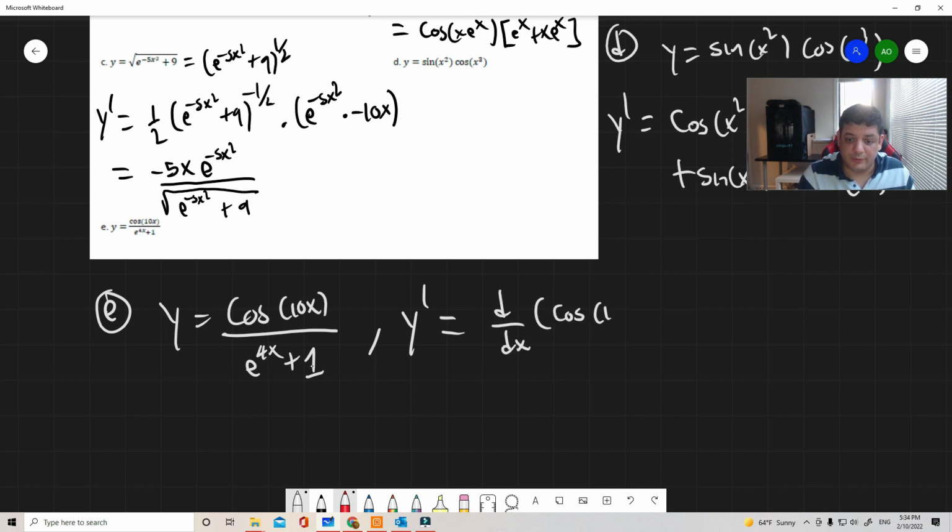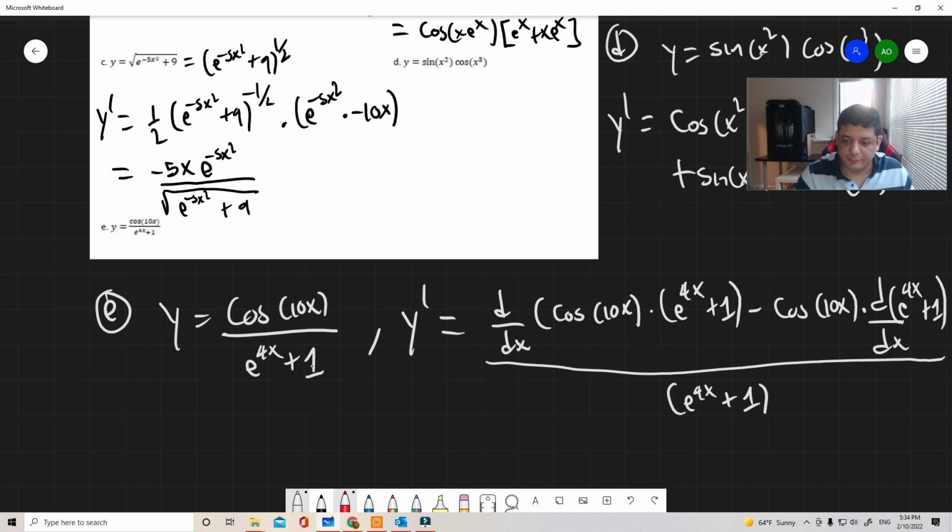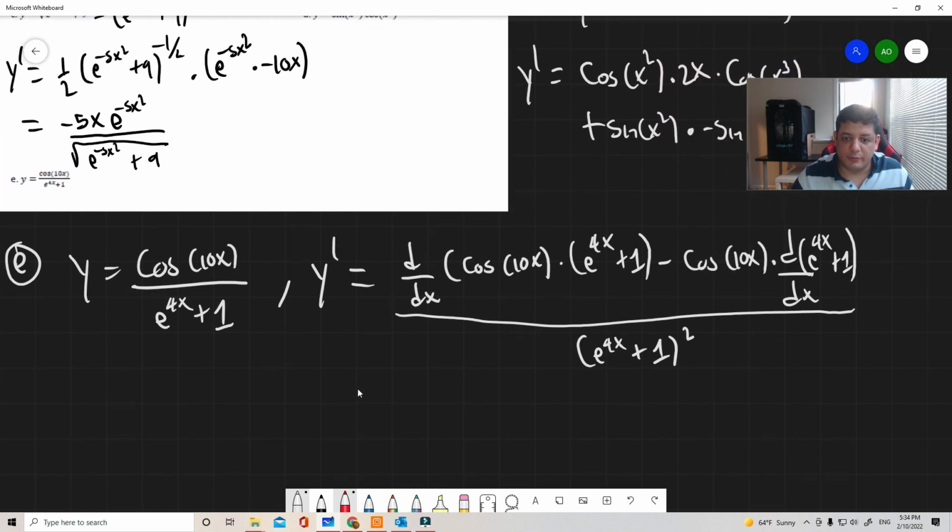So we have the derivative of cosine of 10x times e to the 4x plus 1 minus, and then the first function without derivative of the second, e to the 4x plus 1, and then we divide by the function below squared. Okay.